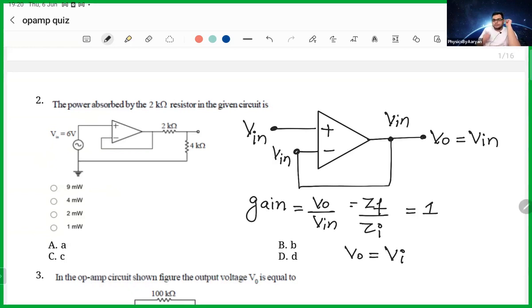Yes. So what is being done here is, see, what he's trying to say. This is 6 volt, perfectly fine. This is also 6 volt, perfectly fine, because it is a voltage follower. This is grounded, so this is 0 volt, perfectly fine, and this is 0 volt, perfectly fine. Now, whatever current comes from 6 volt, the current will come and it will directly go down, because the current cannot go this side.